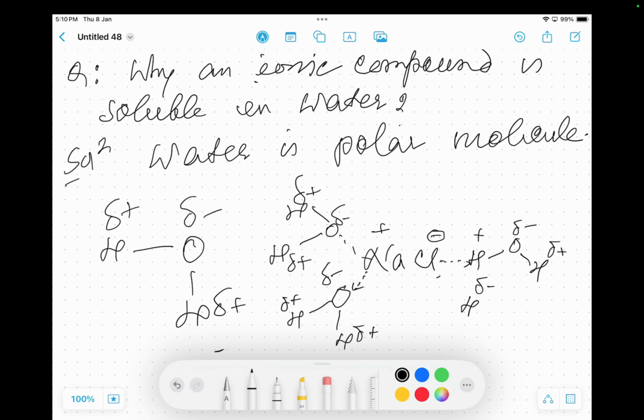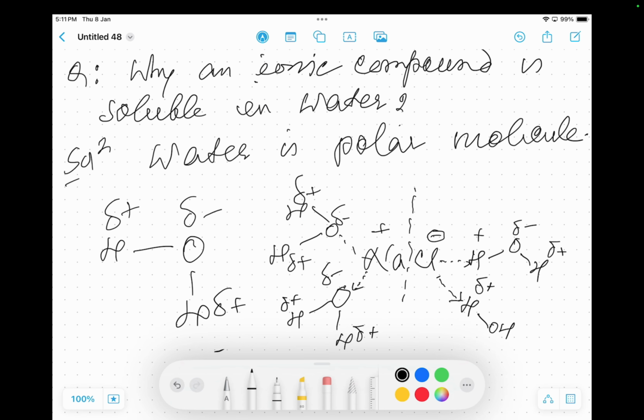We may give some more H2O molecules in this way, and the electrostatic force between Na plus and Cl minus is broken down by this attraction of H2O molecules.